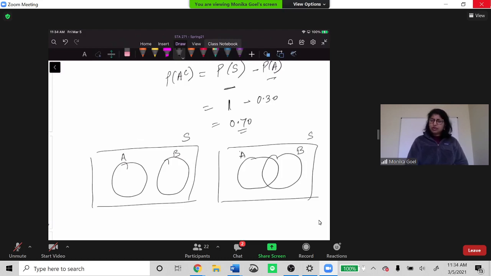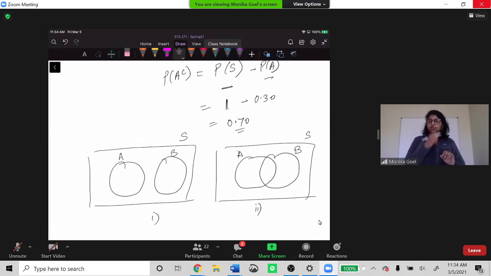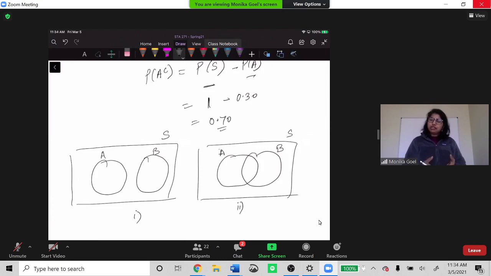So I'm talking about 2 Venn diagrams. In the first Venn diagram, I'm talking about two events A and B. And in the second Venn diagram, I'm also talking about two events A and B. Do you think they are different? Or is there something common? What do you think when you look at Venn diagram 1 and 2?